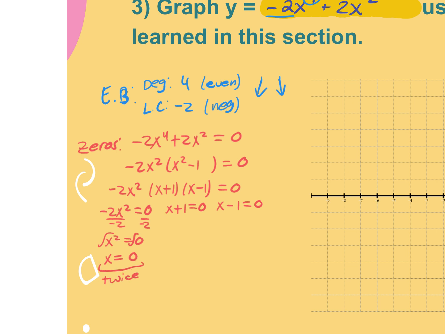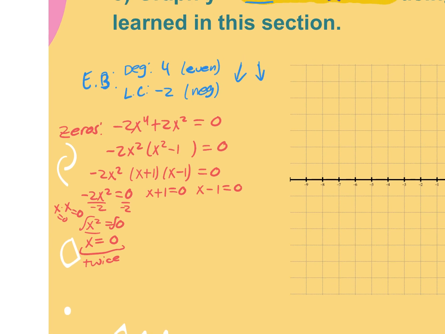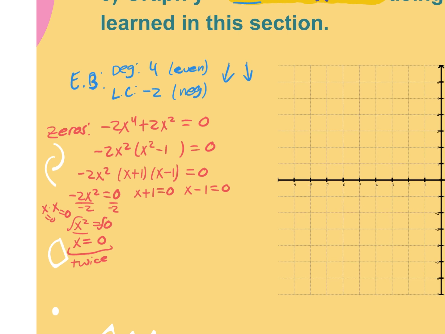Even though we have one answer and wrote it down once, it was an x squared. This just means x times x, and if you set each of these factors equal to 0, you can clearly see that there's 2 of them. For x plus 1 equals 0, we just get one of those, and for x minus 1 equals 0, we get one of those.